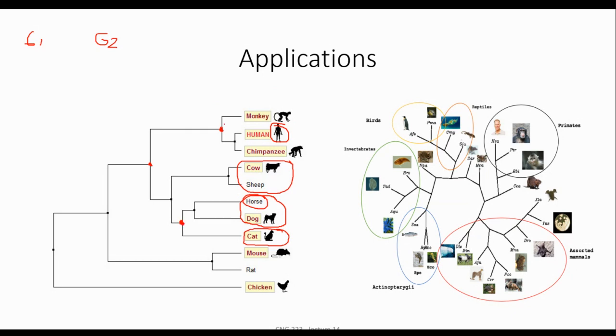But for human, in order to reach it, here is the parent for human compared to these two. So from here we understand that horse and cat should be in the same group and human should be in a separate group. So trees can be very useful to give us ideas of whether to put different species in the same group or not. And this is just related to phylogenetic trees.